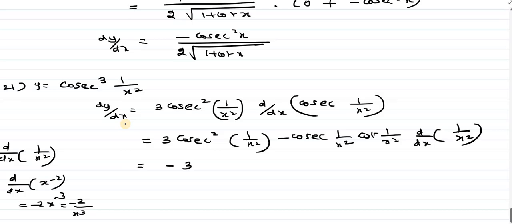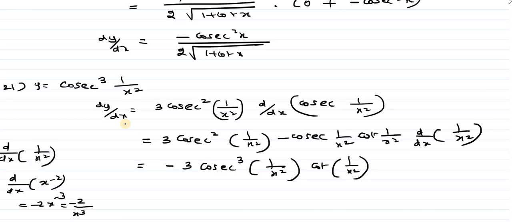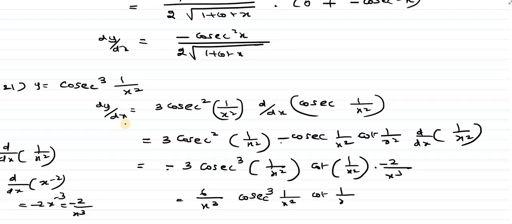So here it is minus cosecant cube 1 by x square cot 1 by x square, and differentiation of this is minus 2 by x cube. Minus already I have, here minus, this minus, correct. So it is 6 by x cube cosecant cube 1 by x square cot 1 by x square.